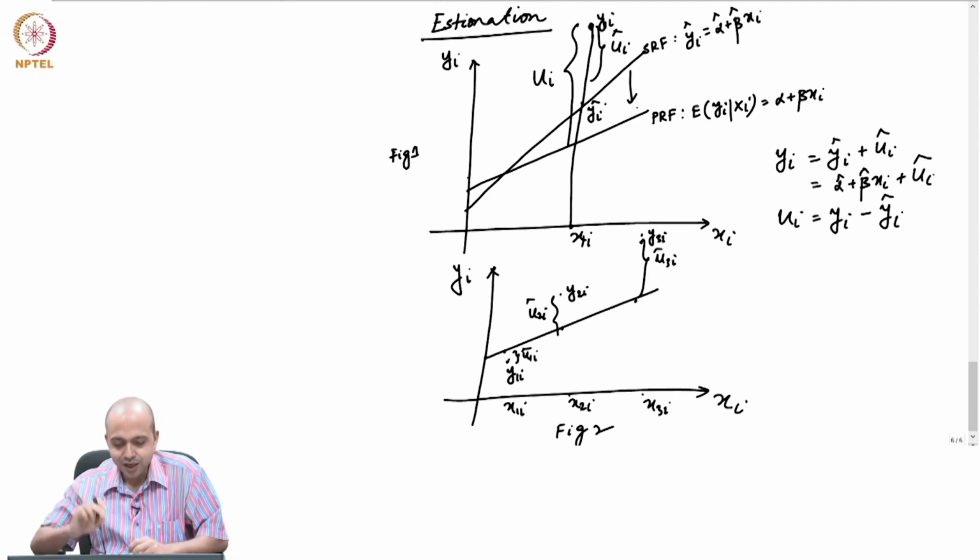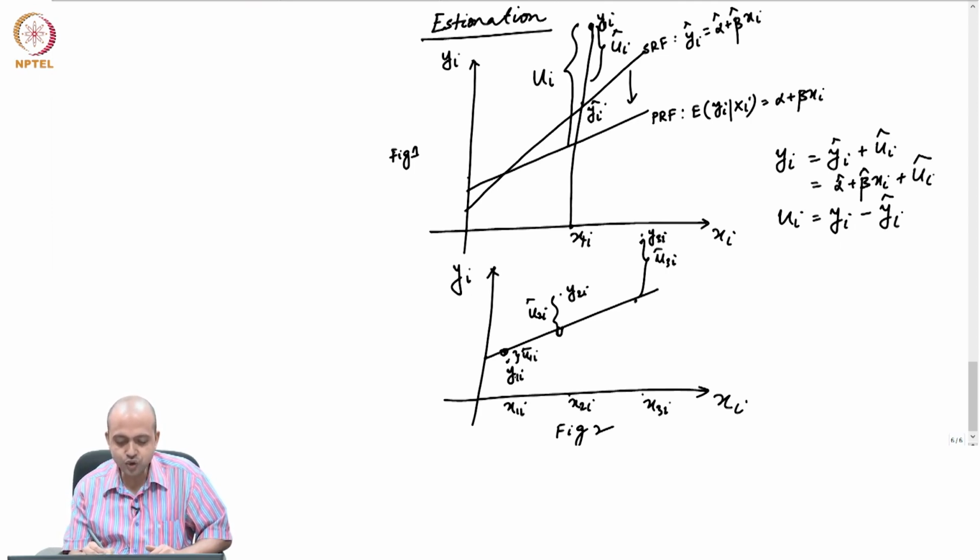Is this clear? You have estimated a line and then you are trying to predict somebody's consumption given his or her income. Now what happens? When you specify a given level of income, your model says that individual's consumption should be here on the line. Okay?